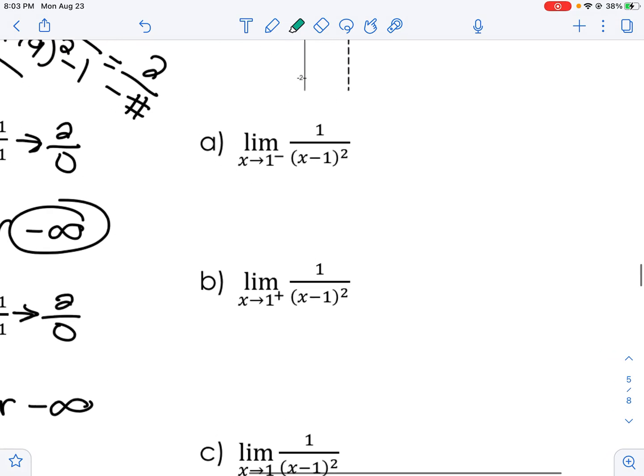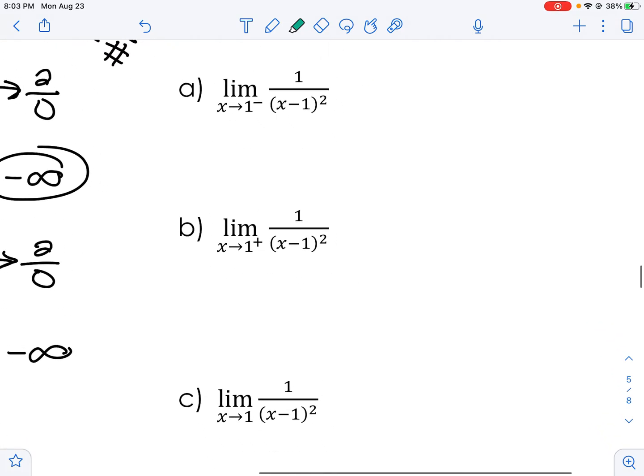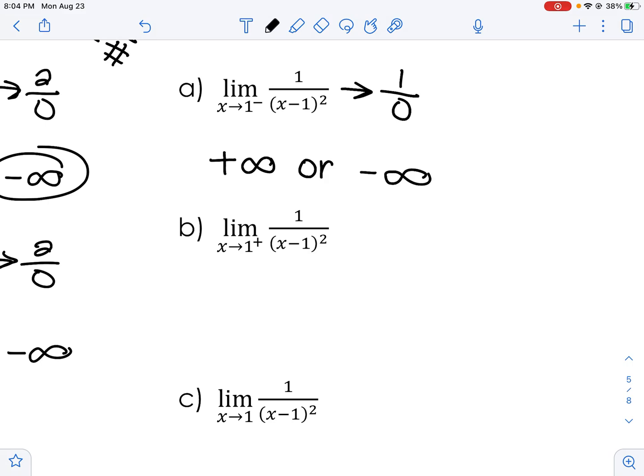Okay, looking at the next example, again, we want to start by doing it algebraically, and then we can always check our work with the graph. So, if I plug in 1, I get 1/0. Again, that tells me that I have a vertical asymptote. So my answer is going to be positive infinity or negative infinity.